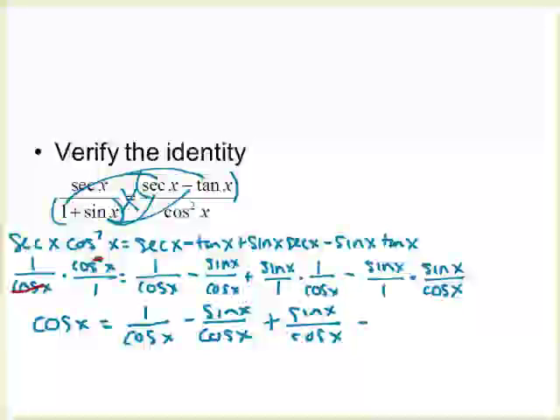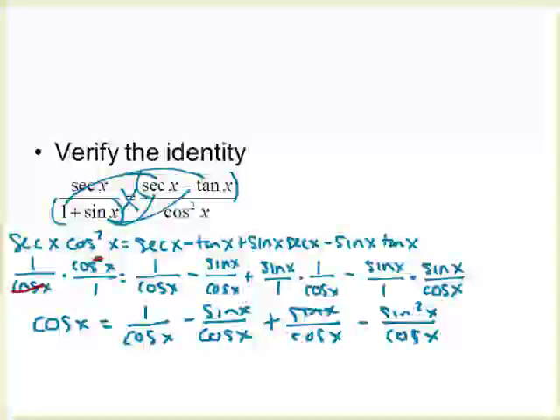And in that final multiplication, does anything cancel? No, unfortunately the two are in the same place. They're both on the top. So we'll smush these two fractions together. So I get sine squared of x over cosine of x.